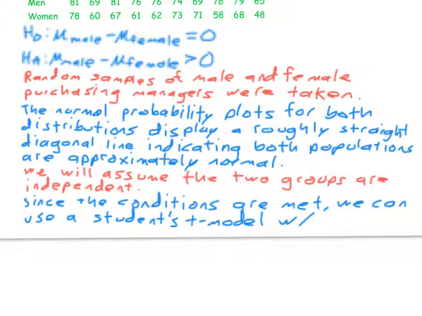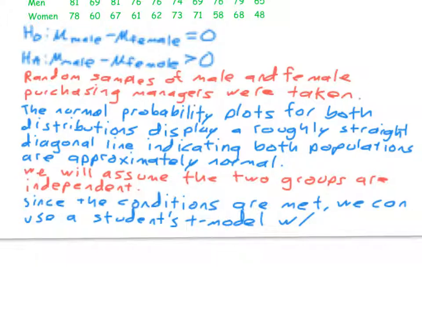List 1 should be L1, list 2 should be L2. We did not use frequency lists, so both of those should be 1. We want the greater than option. And for pooled, we're going to say no, and I'll explain why in a minute. And then calculate.